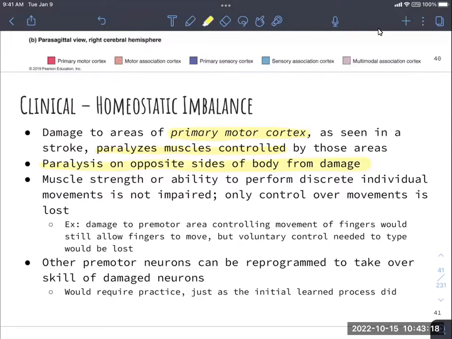Your muscle strength isn't impaired. You're able to perform certain movements, but control over that movement is lost.